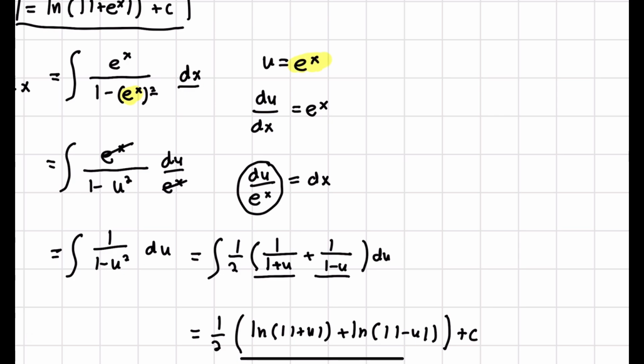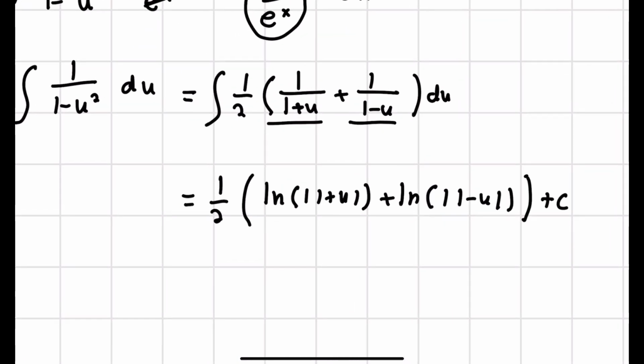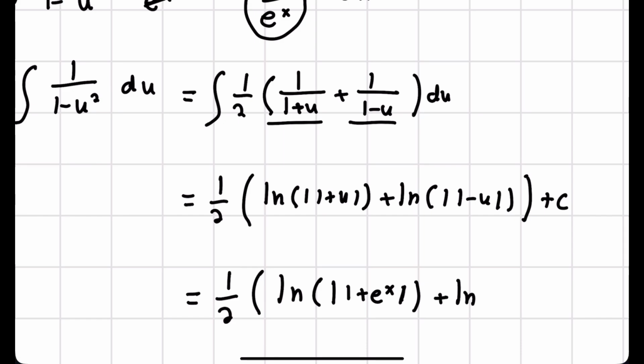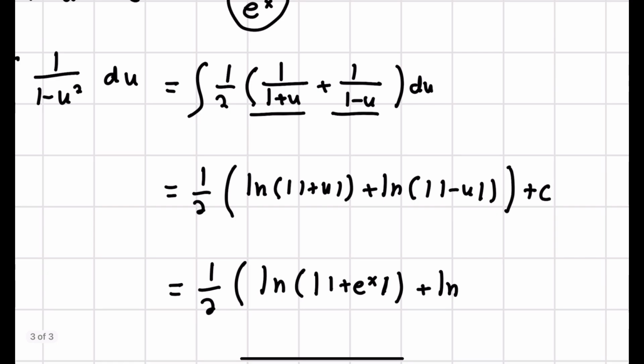So our final answer is 1 over 2 times ln absolute value 1 plus e to the x absolute value plus ln, and then absolute value again, 1 minus e to the x, absolute value, close it off, and plus c. And here is our final answer.